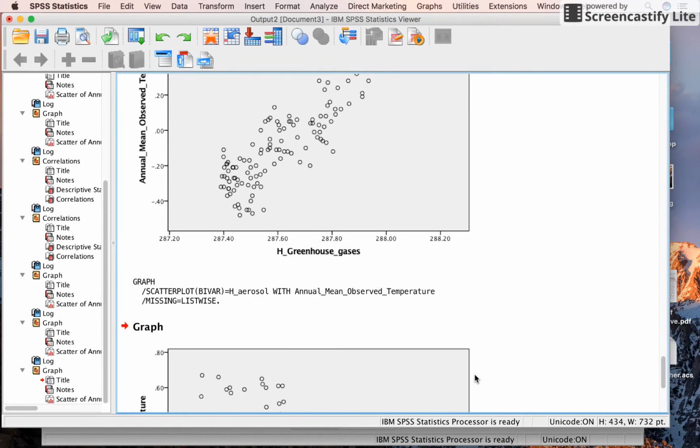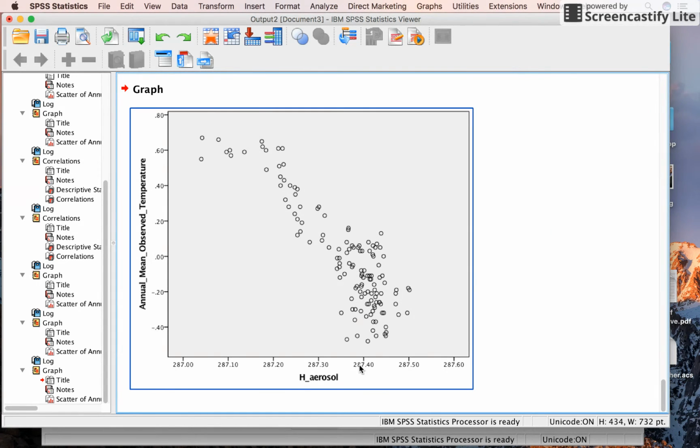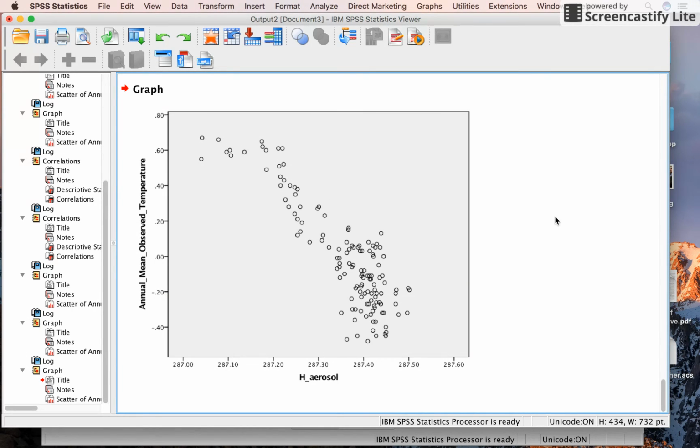And what this is showing is that the highest values of aerosol use are actually associated with the lowest values of temperature. And the years that have low aerosol use tend to have high temperature. Now I don't know that that's telling us much.